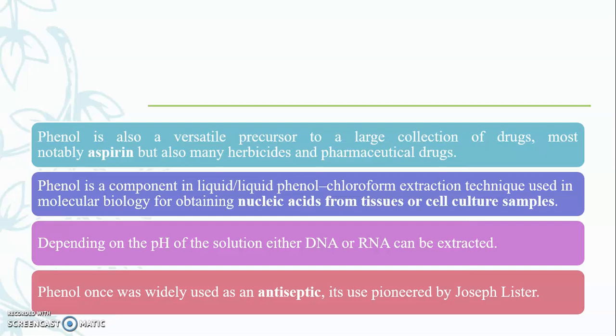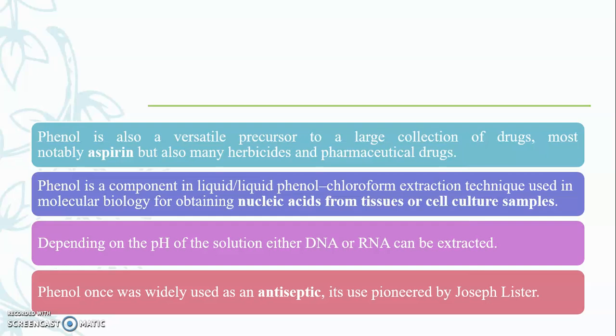The next use of phenol is as a versatile precursor to a large collection of drugs. The most notable example is aspirin. We know aspirin is acetyl salicylic acid, which has multiple uses as an antiplatelet aggregation agent, antipyretic, and anti-inflammatory.